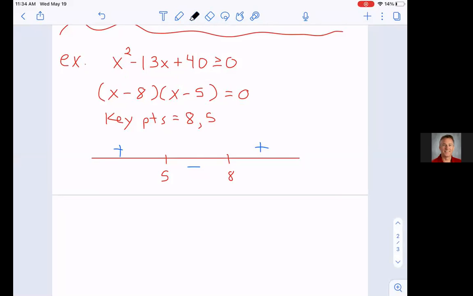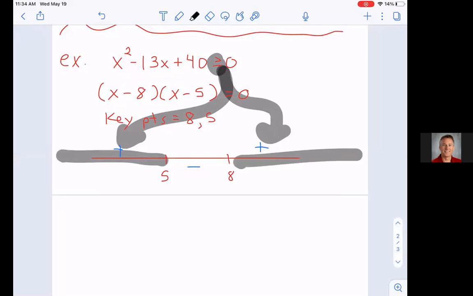So be careful with our inequality. We want to know what values are greater than or equal to 0. Well, greater than or equal to 0 would be things that are positive. So we have 2 areas where our answers are. Okay, they are here and here.